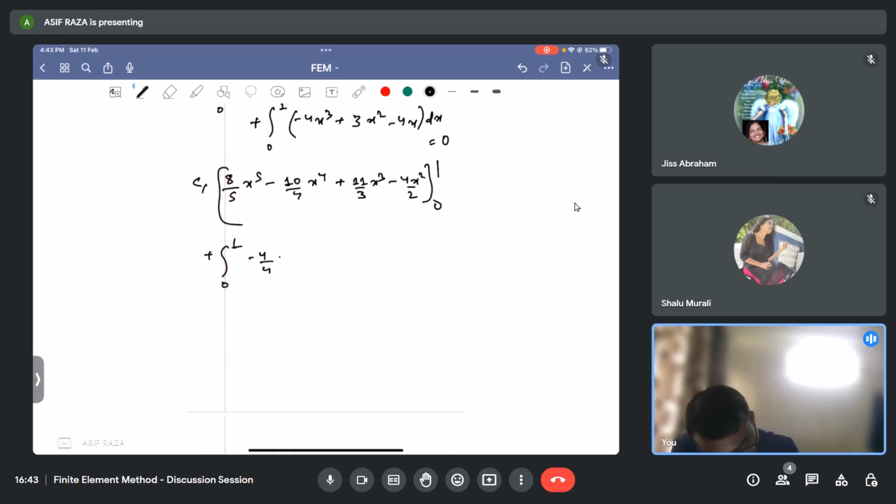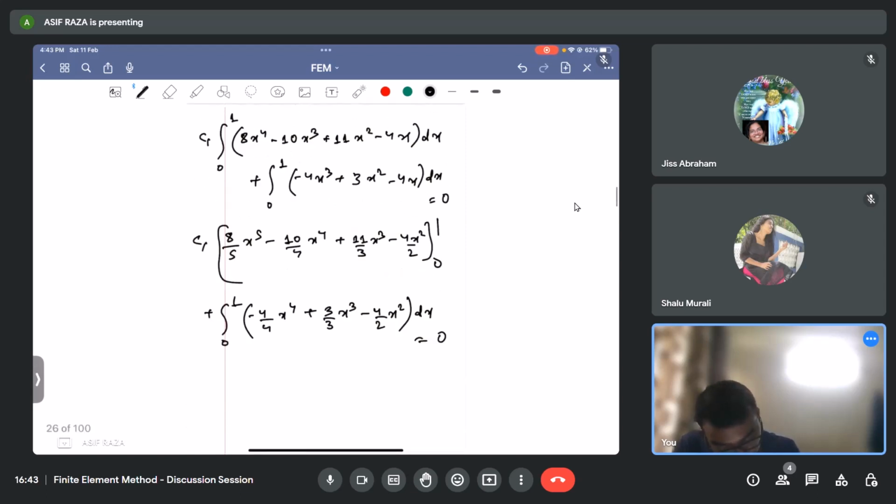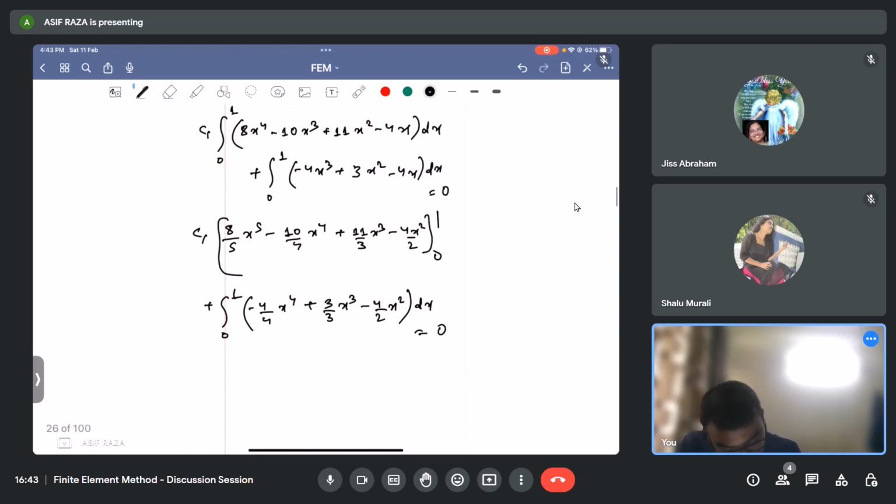Minus 4 by 4 x4 plus 3 by 3 x cube minus 4 by 2 x square dx equal to 0.